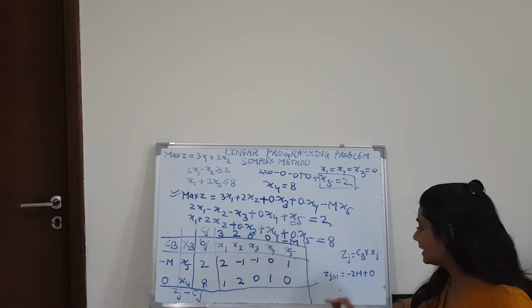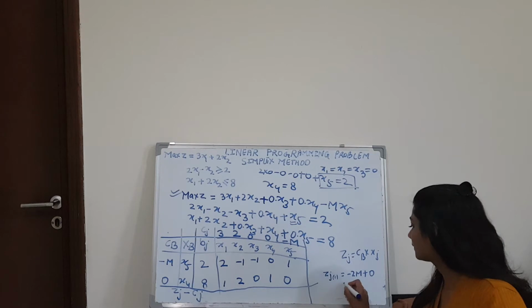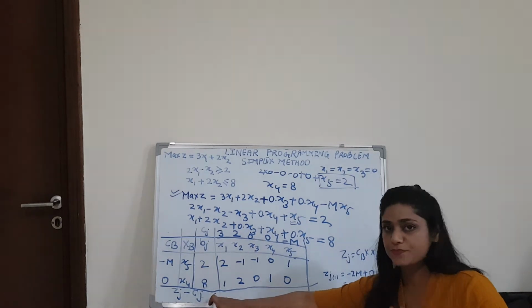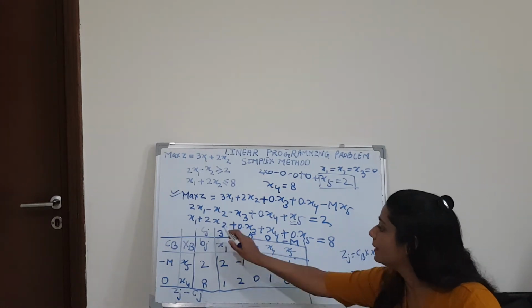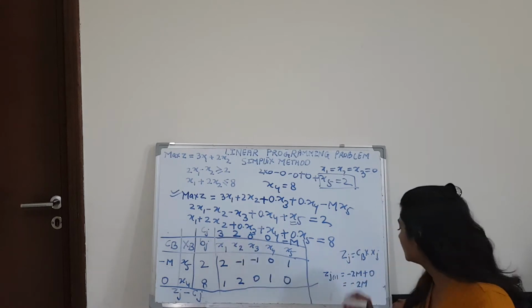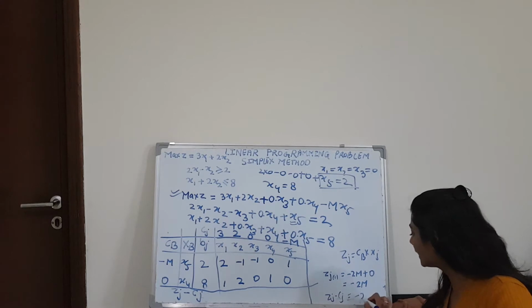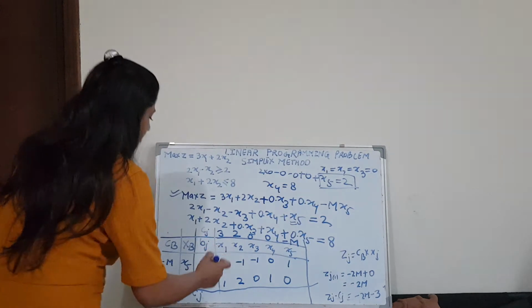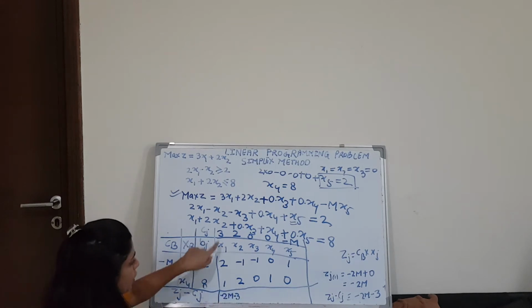So Zj for the first column is minus 2m. Now we will subtract Cj from Zj. Cj for the first column is 3. Zj minus Cj is equal to minus 2m minus 3 for the first column.